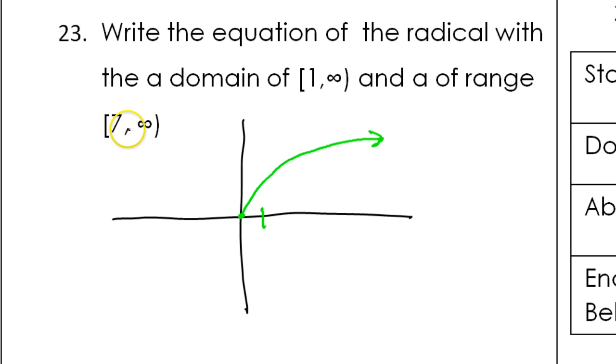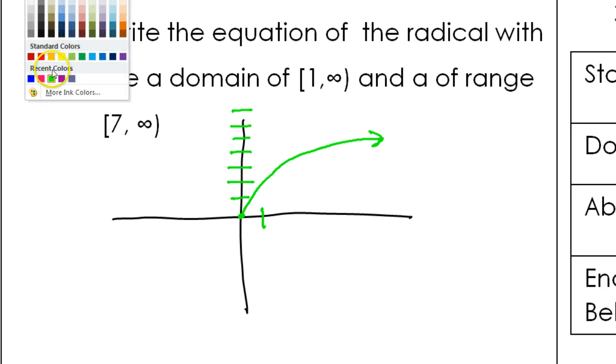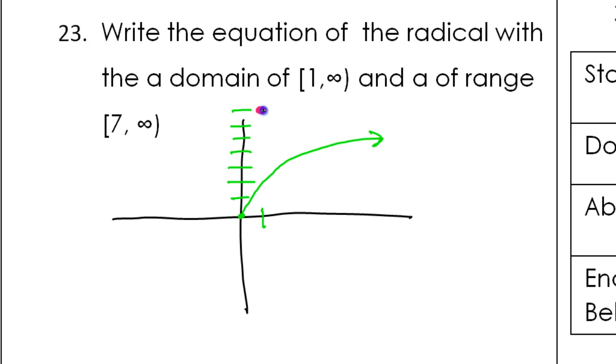Because domain is x value, it has to go over 1 on the x-axis. The range has to start off at 7. So let's see, 1, 2, 3, 4, 5, 6, 7. That means the starting point has to be way up here, and then it goes from there. Imagine that the starting point is over 1 to the right and up 7.